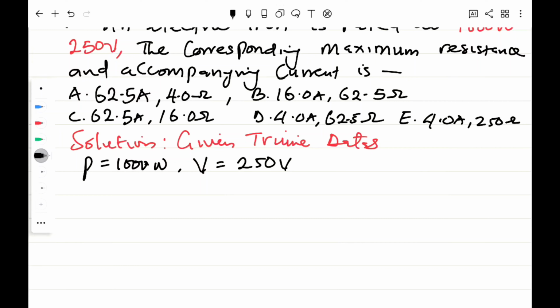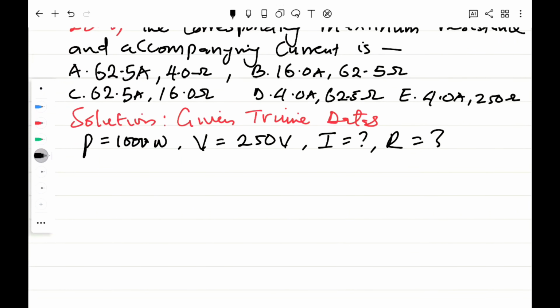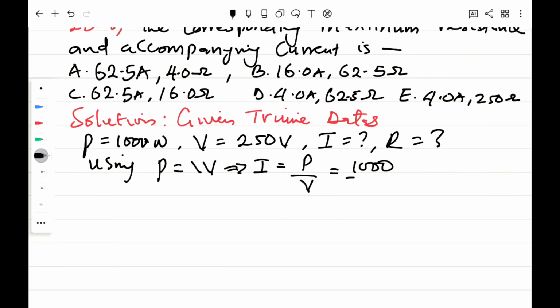So if we are going to solve this, you must be able to connect these data with your formulas for power. Using P is equal to IV, we know that I is equal to P over V. So 1000 divided by 250 will give you 4 ampere. This gives you your current.